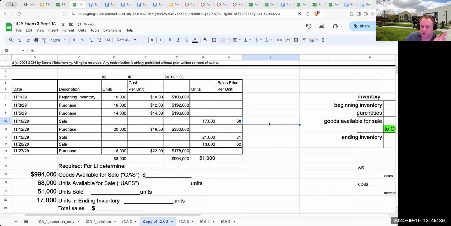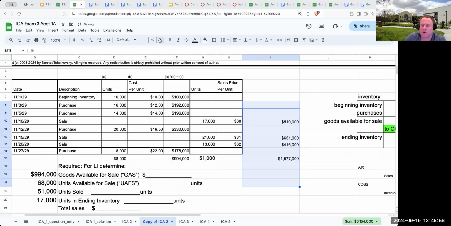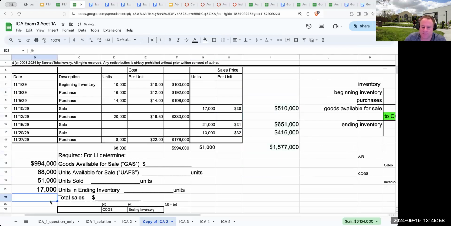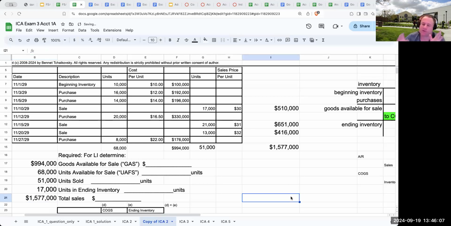My units times the sales price per unit gives my total sales in dollars: 510 plus 651 plus 416, or 1,577,000. So my total sales in dollars is 1,577,000.